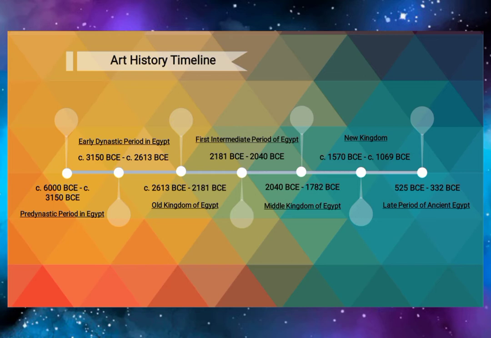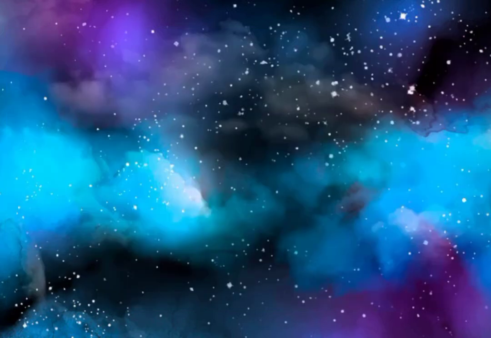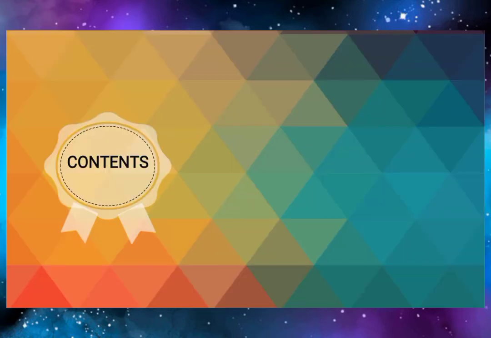And since the valley is vast, it produced an abundance of high quality materials. Therefore, their products included high quality building stones during that era. So now, let us proceed to the main timeline of ancient Egyptian art.